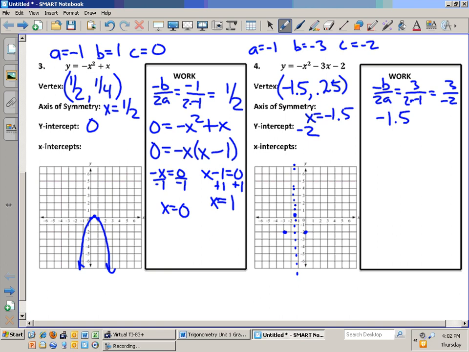Let's find our x-intercepts. 0 equals negative x squared minus 3x minus 2. First question, is there a greatest common factor? Yes, there is. Negative 1. Take it out. You're left with positive x squared, positive 3x, positive 2.